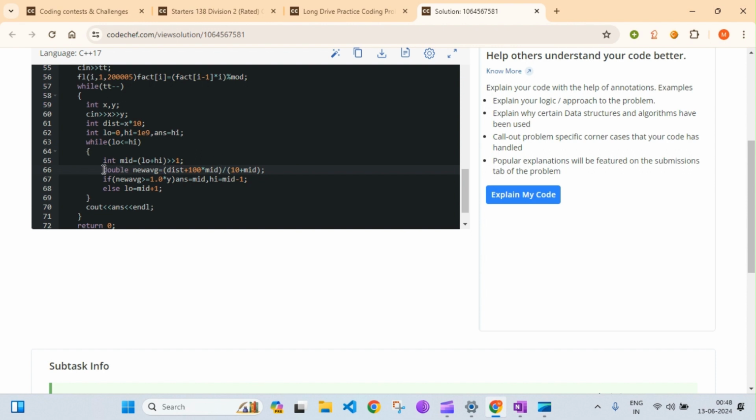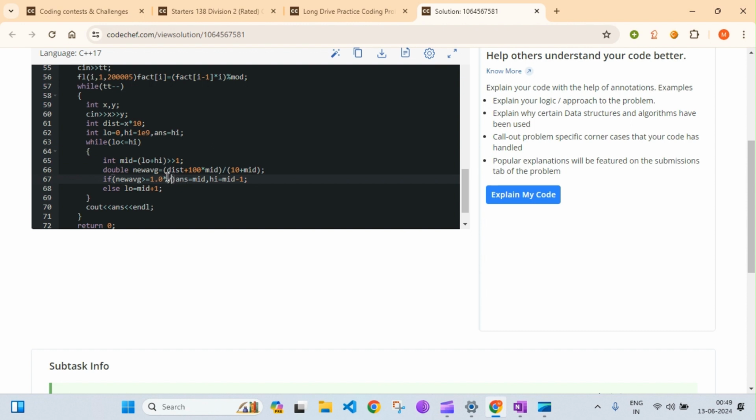I have taken it as double. You can also go for int. So if this new average is greater than or equal to y, right? That's what we need, no? We need the minimum time in which we can reach this y average.